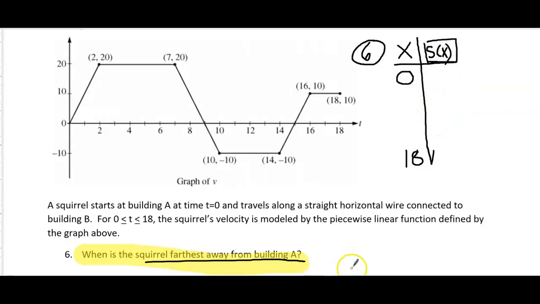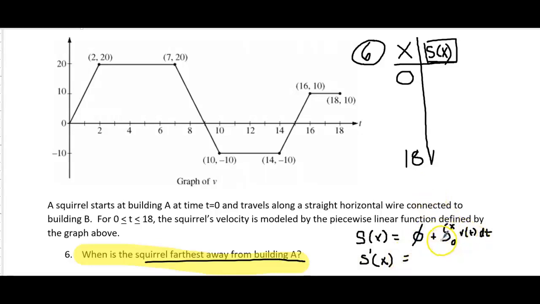Now, to find critical values, you need to find S prime. Now, we just got through saying what our S function was on question number 5. Our S function looked like this. So if we wanted to find the derivative of that, the 0 is just going to go away because it's a constant.